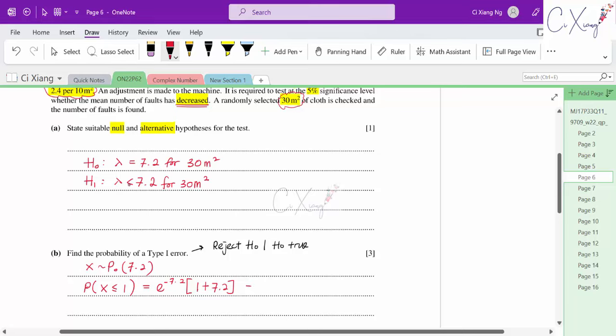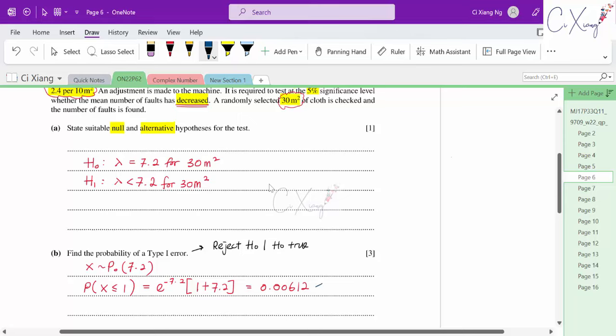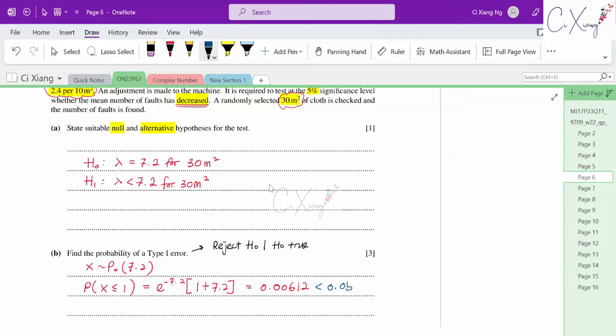When I calculate this probability, I get 0.00612, and you realize that this value is smaller than the significance level, which is 5%, or we write as 0.05. That means x equals to 1 still falls under the rejection region, and now we can have x smaller equals to 2.